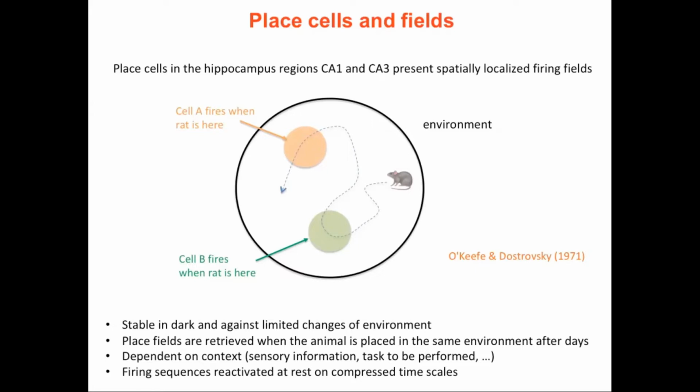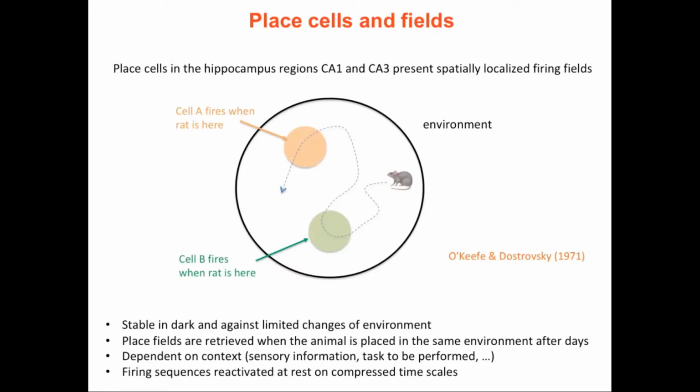And something which is very important, I will come back to that and show you some experiments later: the firing sequences of place cells as the animal is moving, is doing some physical motion in space. So for instance, along this trajectory I'm showing here, cell B will fire before cell A. Then these sequences may be actually retrieved on much shorter timescales when the animal is immobile or is sleeping.